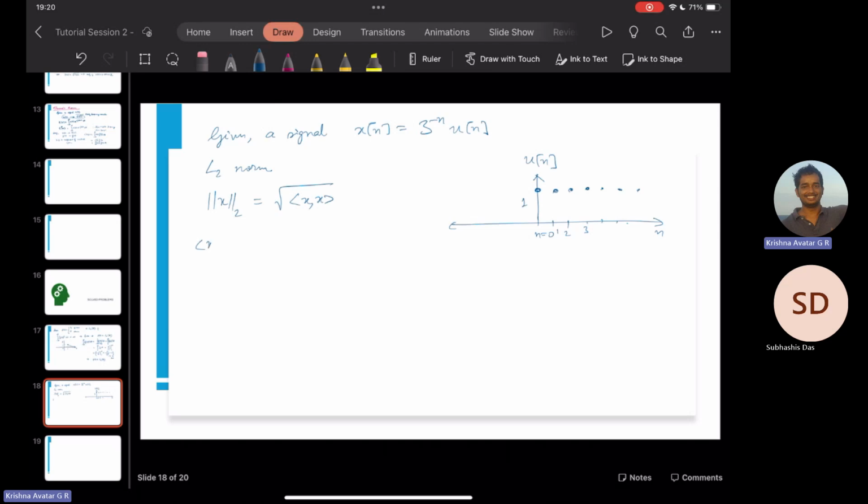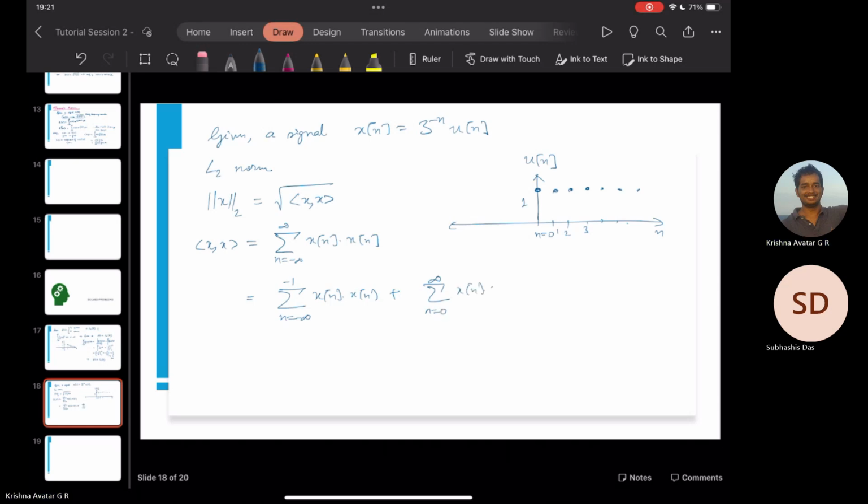So first of all, let's determine the inner product. x comma x is the summation from n equal to minus infinity to infinity of x[n] times x[n]. Let's break it into two parts: n equal to minus infinity to minus 1, plus n equal to 0 to infinity.